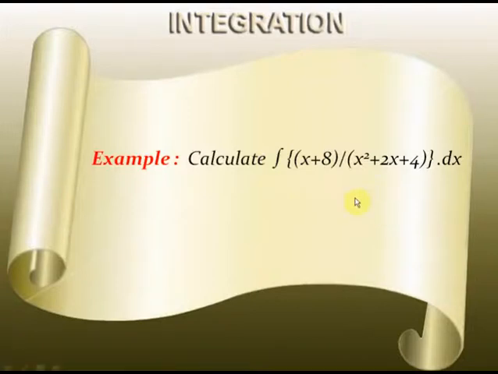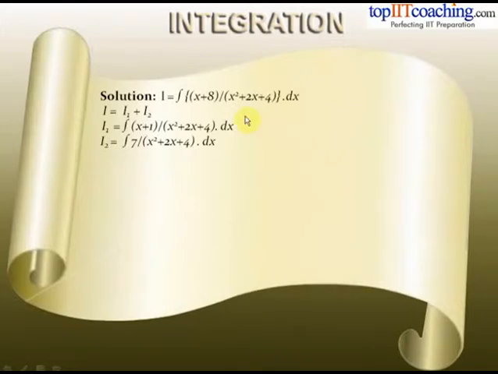Calculate the integral of x plus 8 divided by x square plus 2x plus 4. In this problem we have been given a rational function, x plus 8 divided by x square plus 2x plus 4. So let's try to solve this. We write I equal to I1 plus I2.